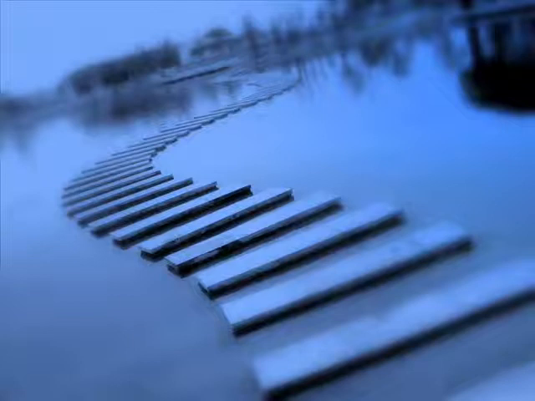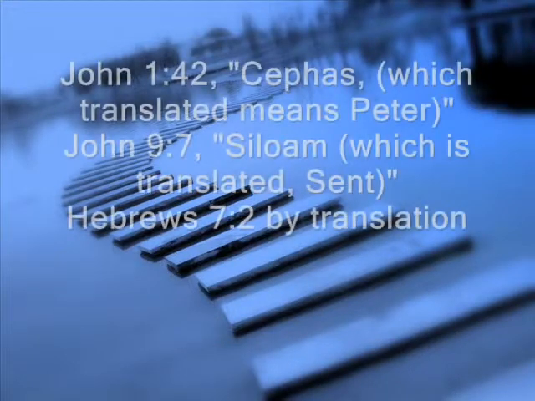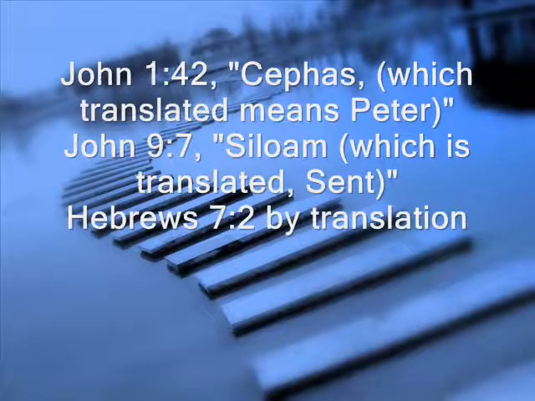So we have, first the word hermeneuo, where you see in John chapter 1, verse 42, where Cephas, which translated means Peter. You also see in John chapter 9, verse 7, Siloam, which is translated sent. You see what I'm saying here? Hebrews 7, verse 2, by translation, King of Righteousness.